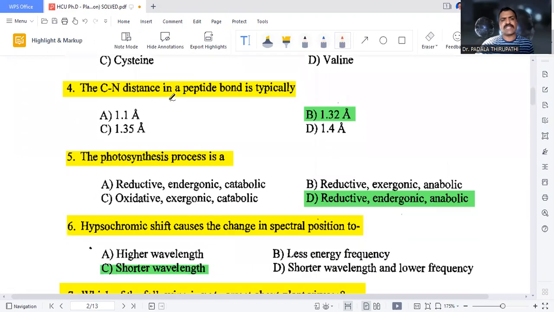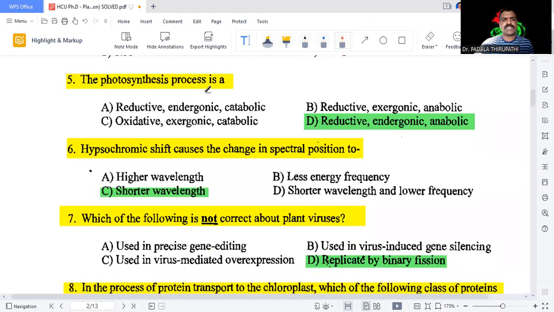And the CN distance in a peptide bond, carbon-nitrogen distance in a peptide bond, is typically 1.32 angstrom units. The photosynthesis process, remember my dear friends, is a reductive, endergonic and anabolic process.